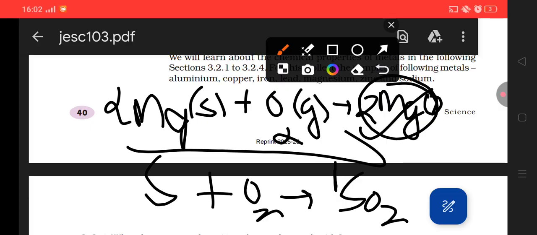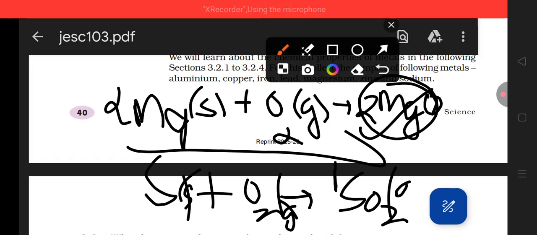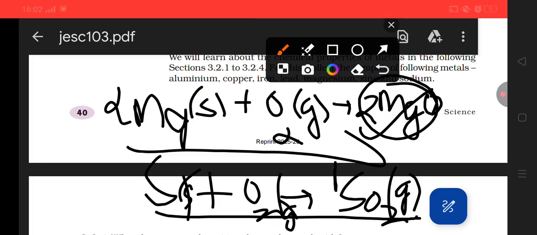If you see very carefully, dear students, when sulfur reacts with oxygen forming sulfur dioxide, and we test the sulfur dioxide after adding water and shaking it, we find that it changes the color of blue litmus paper to red. That means that this is acidic in nature.